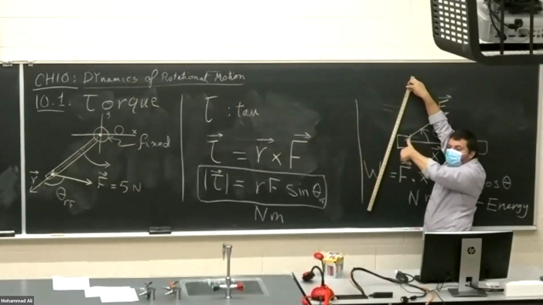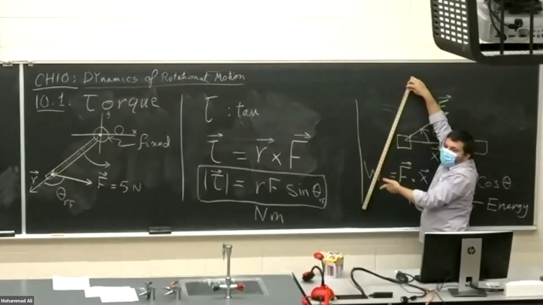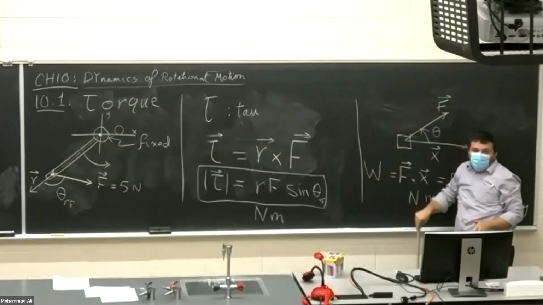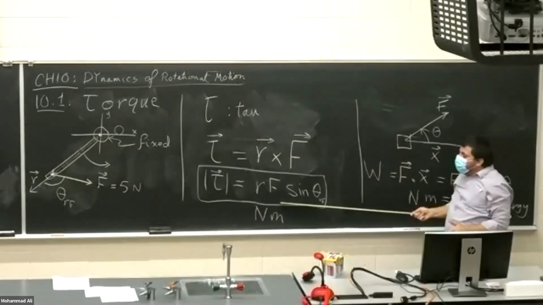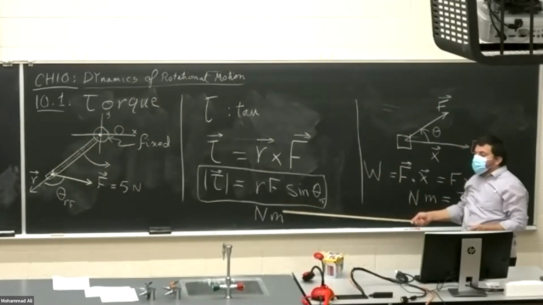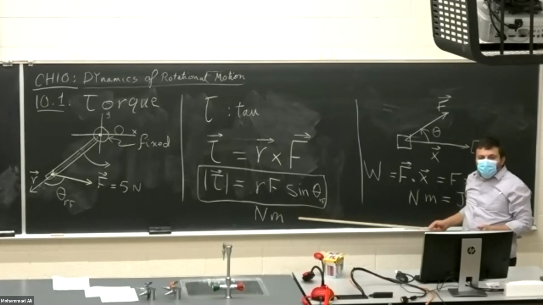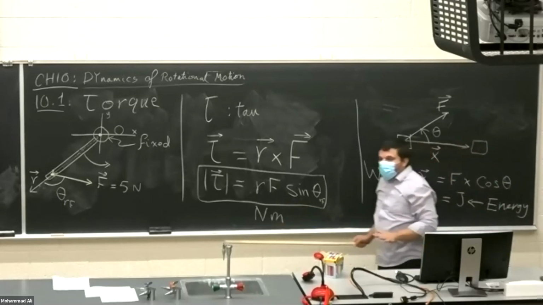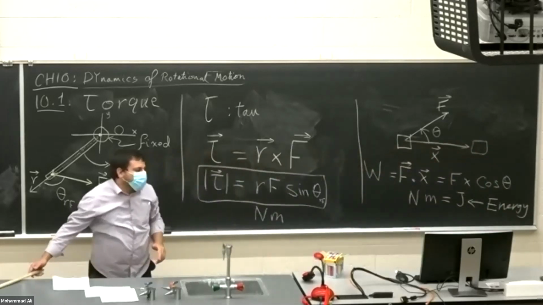R is an intrinsic property of that rotated object. So this is not energy, and the units of the torque are still newton meter. It will not be joule at the end. Is that clear?